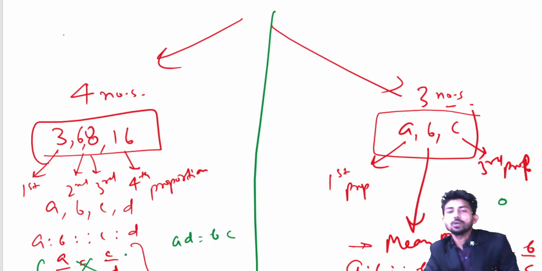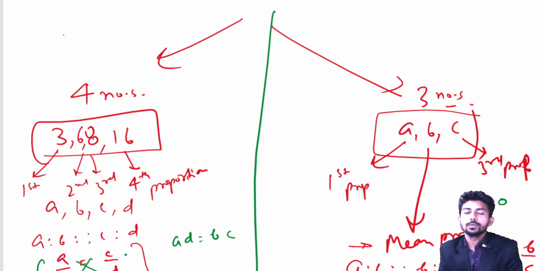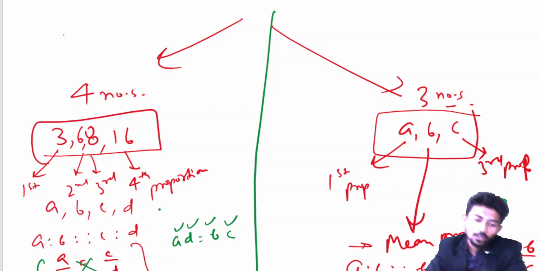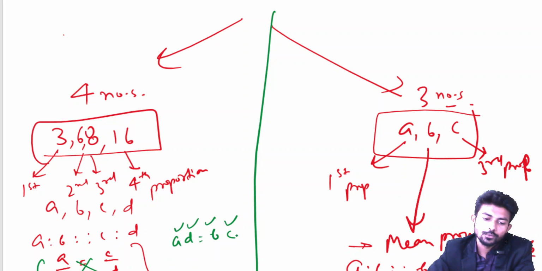Generally, whenever questions are asked, when there are four numbers, out of these four, three numbers will be given to you and one will be asked.